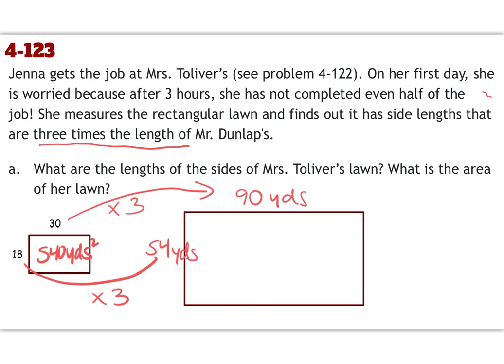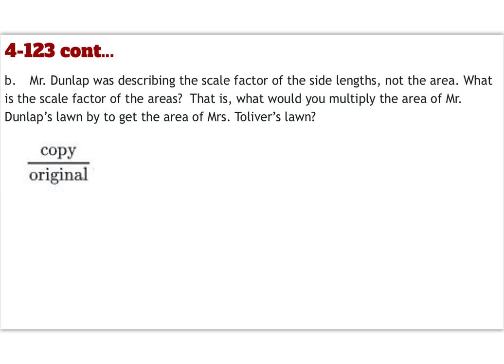In order to find the area, you should have taken 90 times 54 to get 4,860 yards squared for the area of Mrs. Tolliver's lawn.